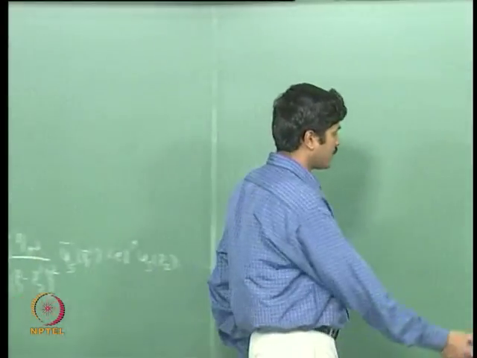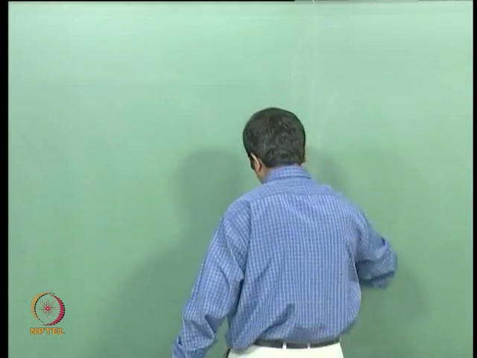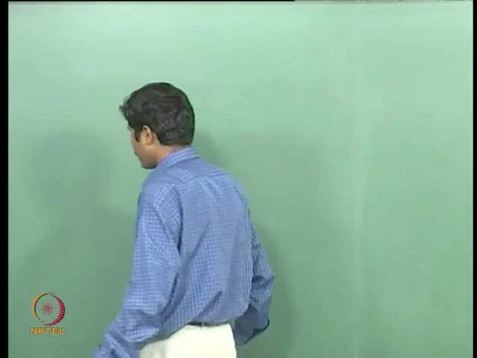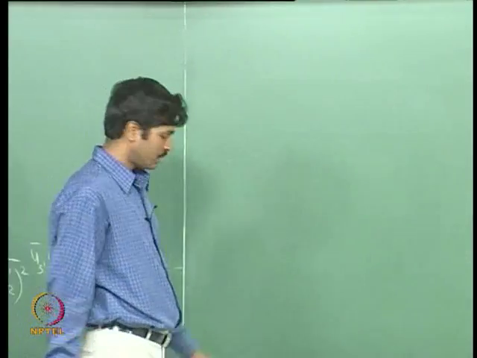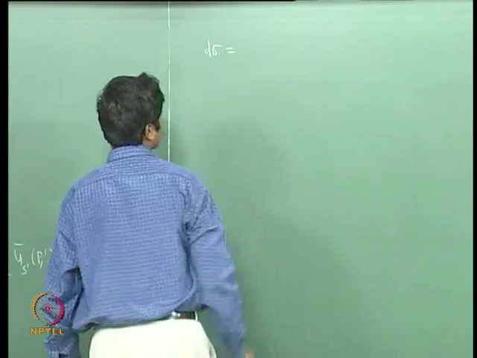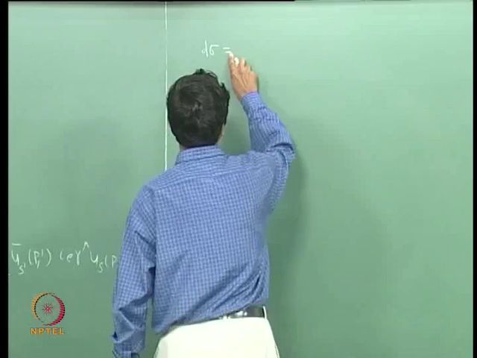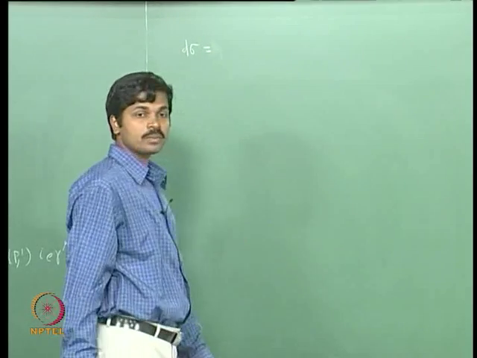So what is the differential scattering cross section when you have two incoming fermions and two outgoing fermions? The differential scattering cross section is given by dσ. You have to remember the phase factor, integration measure, etc. we are taking differently for fermions.